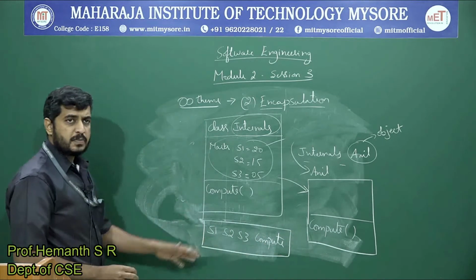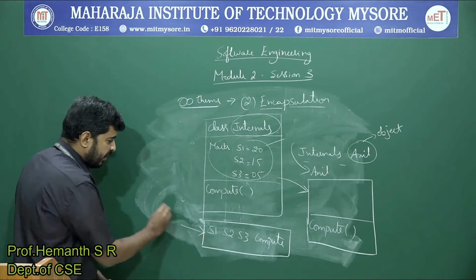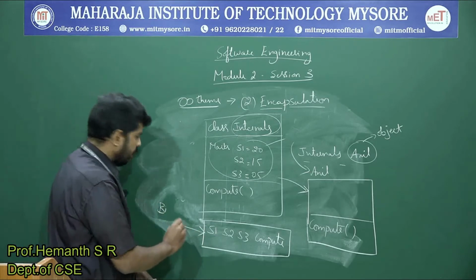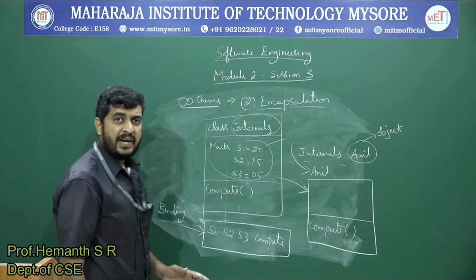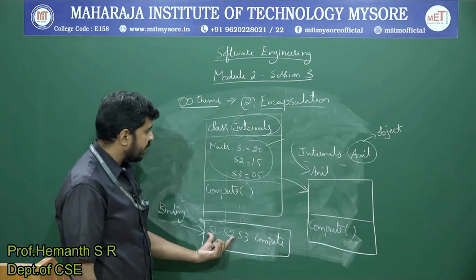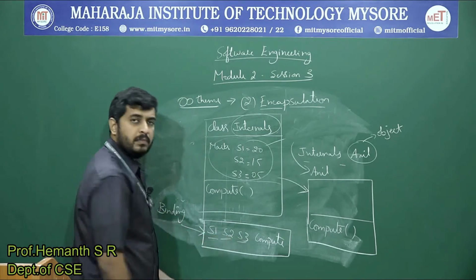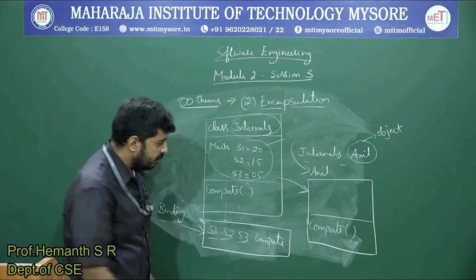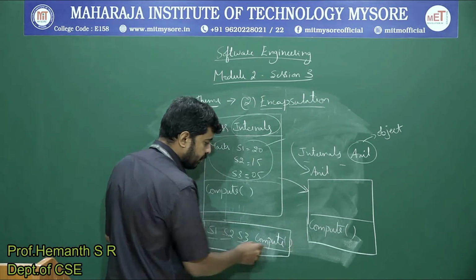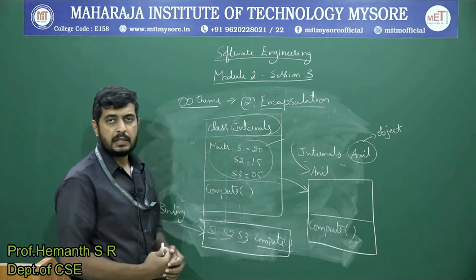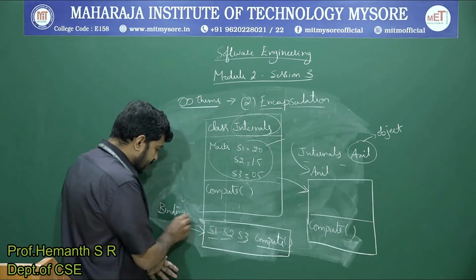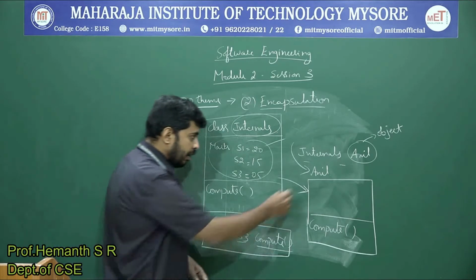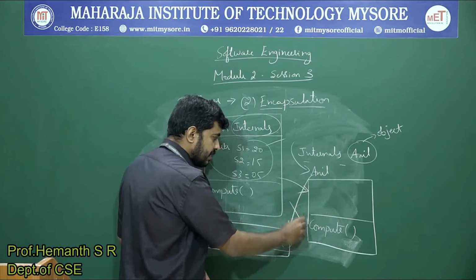In this specific instance, this is the binding that you can see, where the data, that is S1, S2, S3, is encapsulated with the function. It is bound, it is secure. In this secure region, in this binding region, the Anil object cannot reach, it cannot access this.